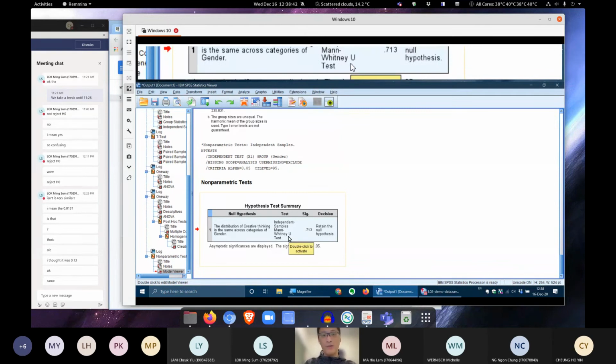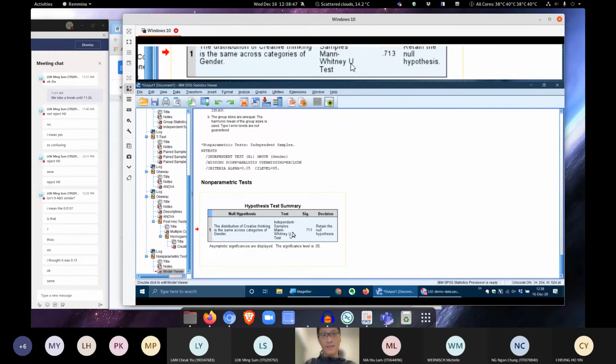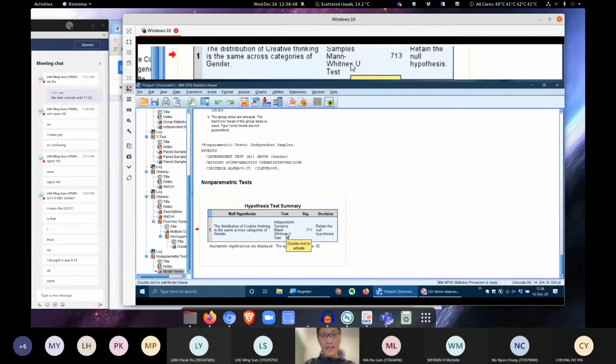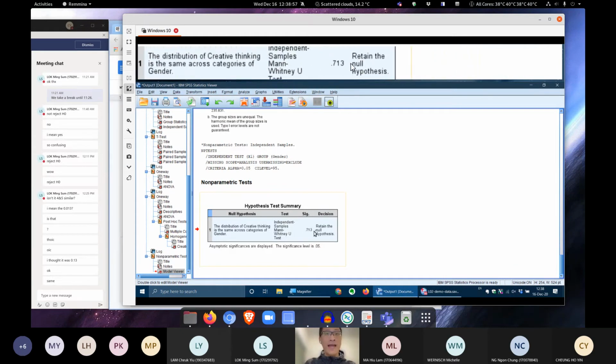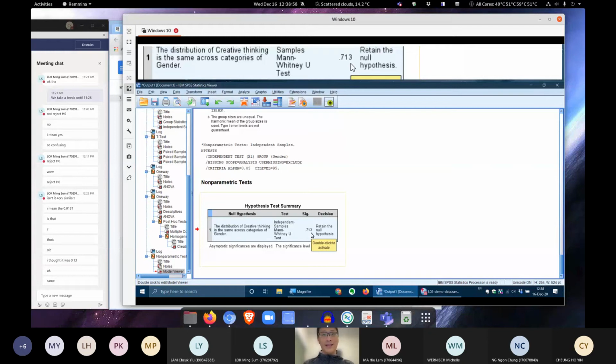Now, when you report your data, you have to tell which test you are using. So this is the name that you need to put into your report, or otherwise your readers do not know what you are doing here. The Sig is the significance value, so that is the p-value, and the p-value is 0.713.